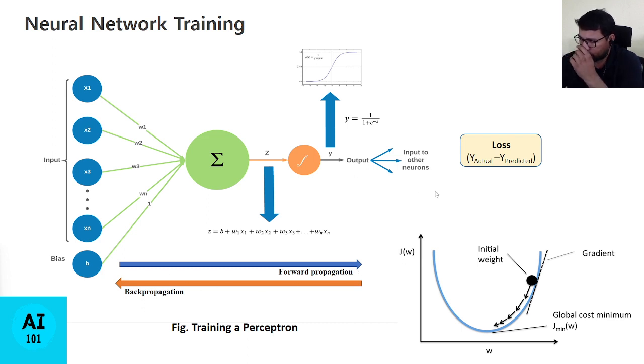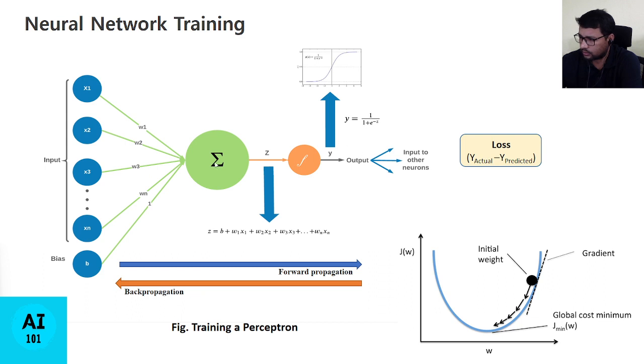In the forward pass, we compute the neural network predictions, and then we compare the output with its actual value. We call the difference the loss, and after calculating the loss, we need to adjust the weight and bias, because the only trainable things here are the weight and bias.